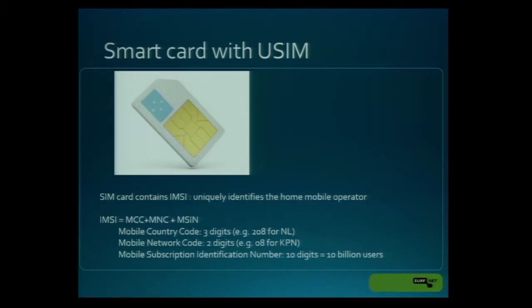So all operators in the Netherlands have mobile country code 204, and then within that, there are 99 mobile network codes. KPN uses 08 and Vodafone uses 04. And then if you are abroad, the mobile operator that serves that country recognizes the mobile country code and the mobile network code, and with that combination, uniquely identifies your home mobile network operator.